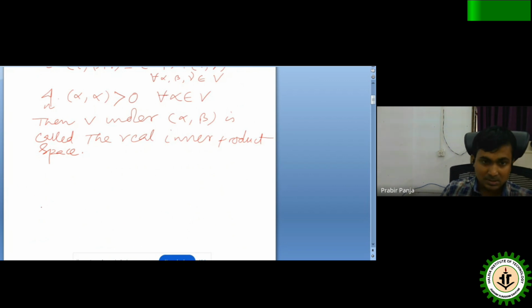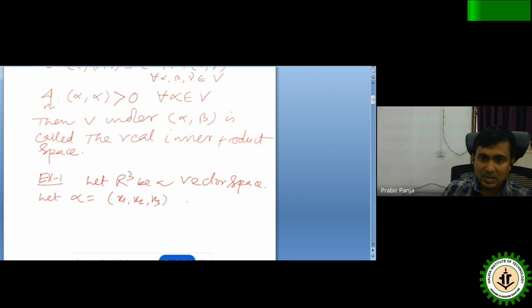Now we'll check whether a particular vector space follows a real inner product space or not by taking one example. Let us take example 2.1. Let R3 be a vector space, and let alpha equal x1, x2, x3, and another vector beta equal y1, y2, y3, two vectors from R3.